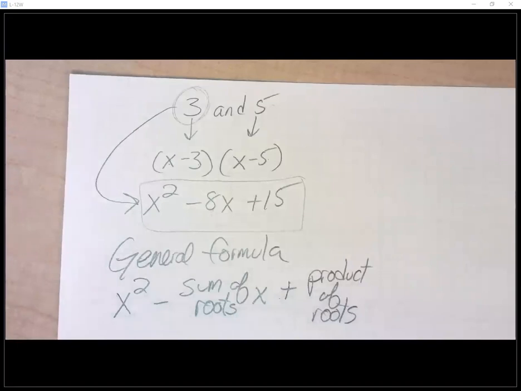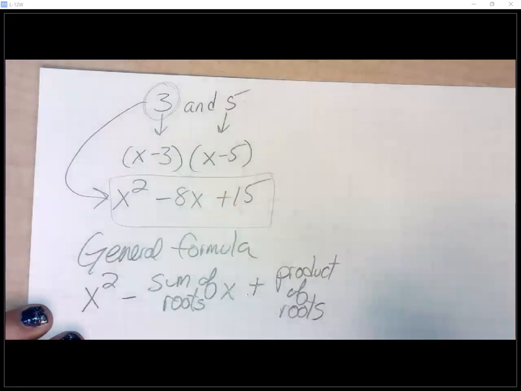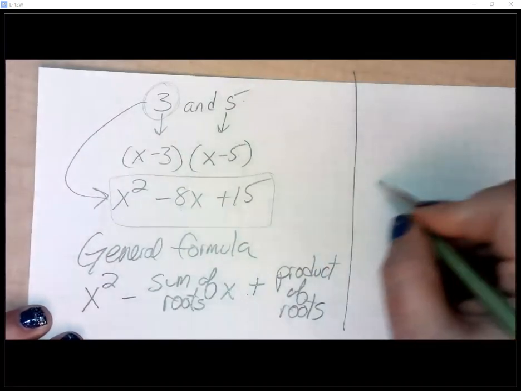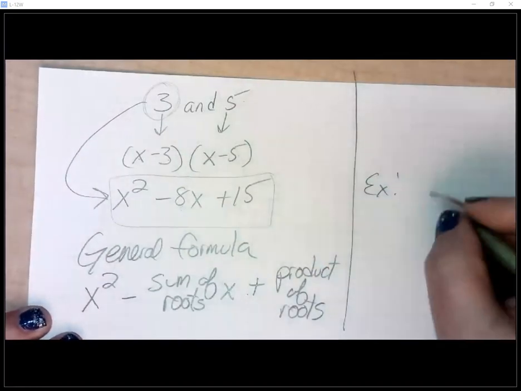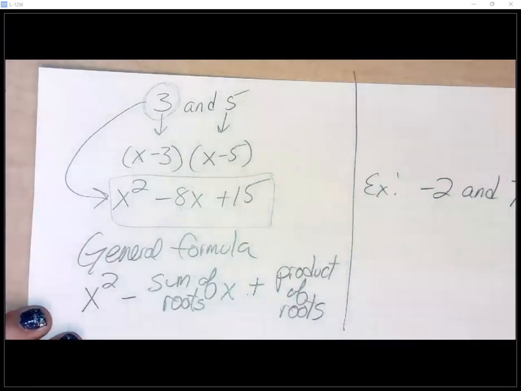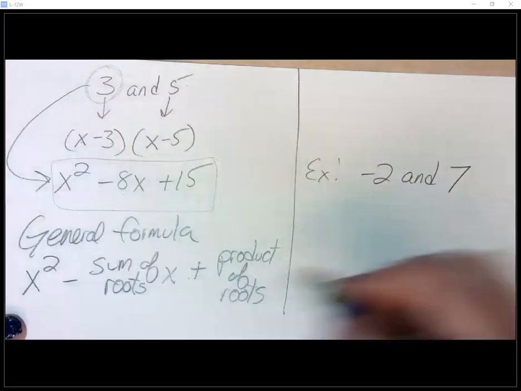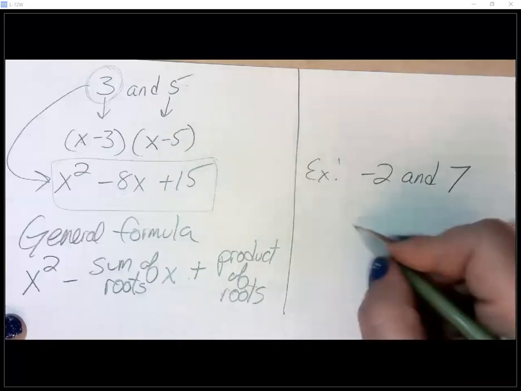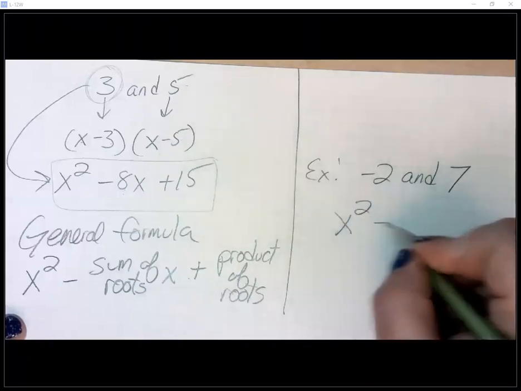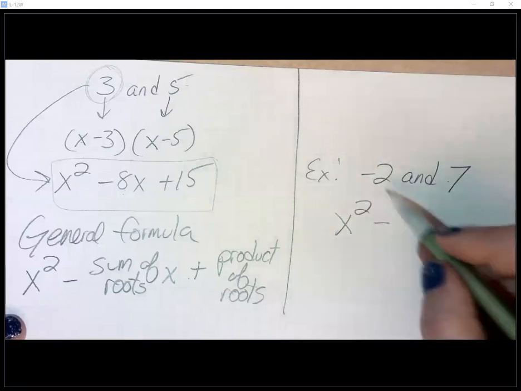So let's try another example where the signs are different. So let's say your solutions were -2 and 7, whatever. So if I just jump right to the general formula, it'd just be x squared minus, what's the sum of these two things? 5.